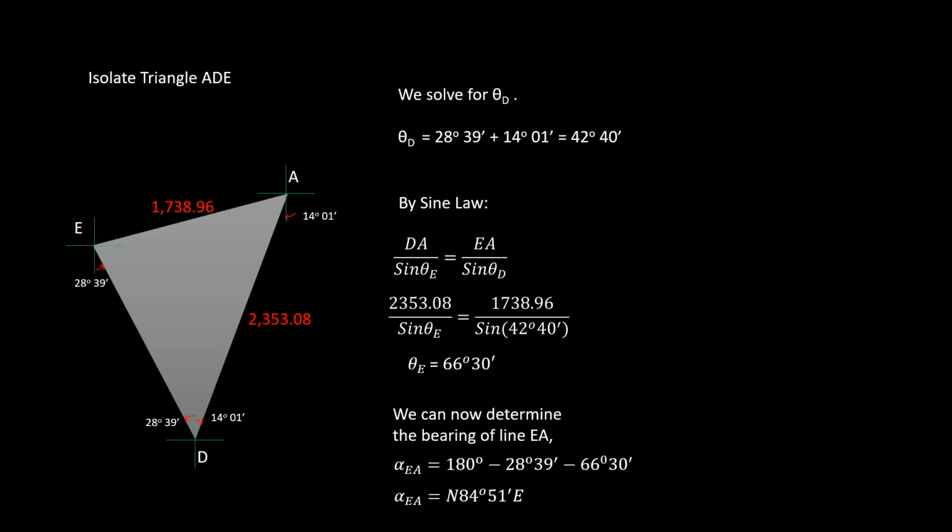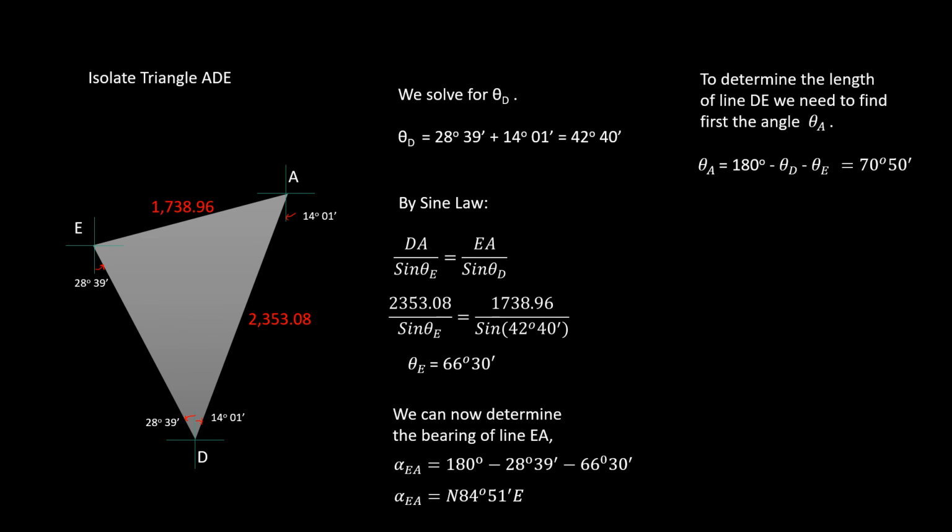Our next task now is to determine the length of line DE. And to do that, we need to determine first the angle theta A. So theta A is simply 180 degrees minus theta D minus theta E. The sum of the interior angles of a triangle should be equal to 180 degrees.